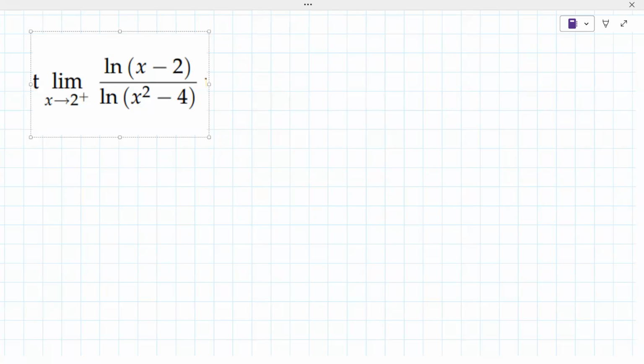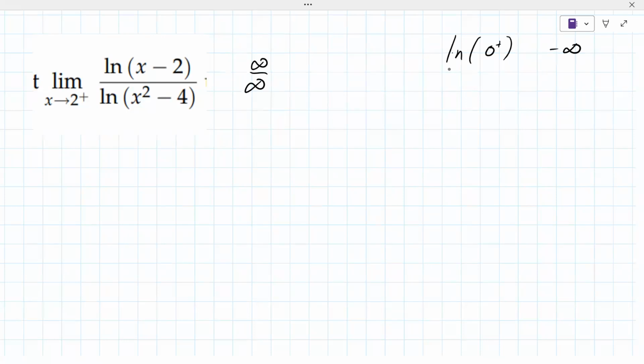Natural log of 0 equals negative infinity, right? Yeah, from the right. The indeterminate form is infinity over infinity. Yes, good.